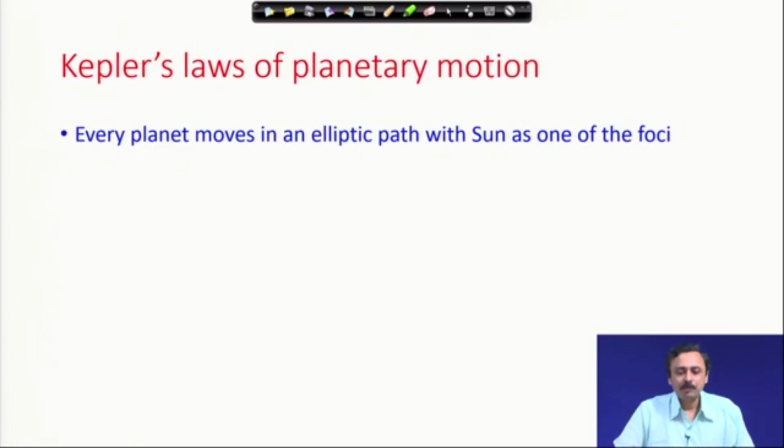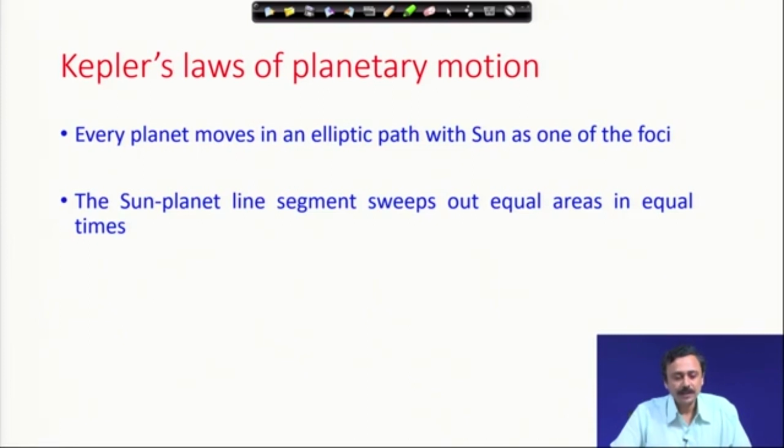Now, Kepler's laws of planetary motion. The first law says that every planet moves in an elliptic path with the sun as one of the foci. Now, an ellipse has 2 foci, and when a planet moves, the sun is at one of the foci. The second law of Kepler states that the sun-planet line segment sweeps out equal areas in equal times, purely kinematic and observational.